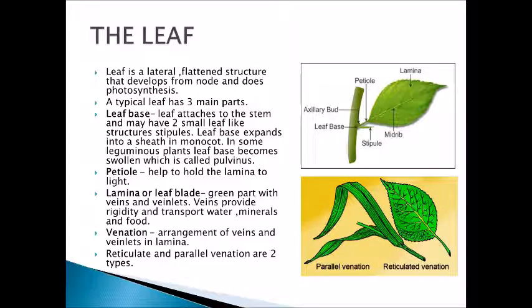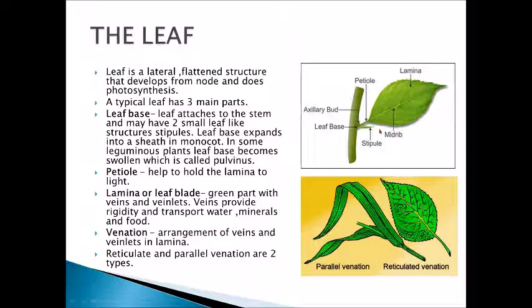And the third main part, the main green dorsoventrally flattened part of the leaf, is called the lamina or leaf blade. It is the green part with veins and veinlets. This is the main one, called the midrib, and these structures are the veins and the smaller ones are the veinlets.